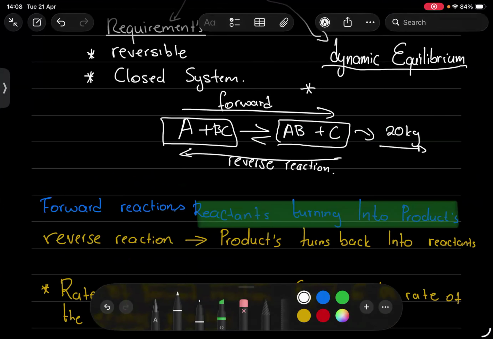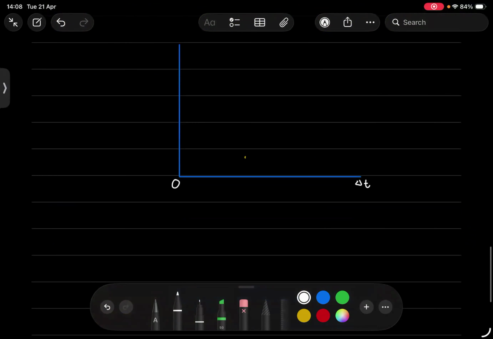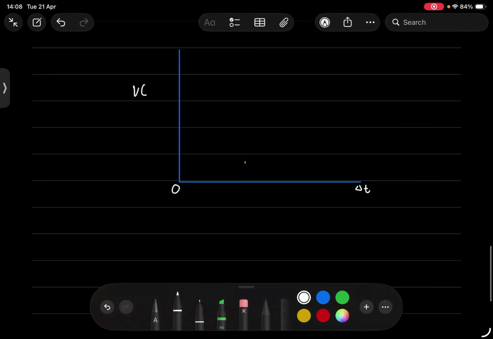And this A plus BC equals AB plus C is going to be the forward reaction, and we have the reverse reaction. Now I want to represent this on the graph. This side can represent the volume of gas in decimeter cubed that is lost, and on your x-axis, the change in time is represented.